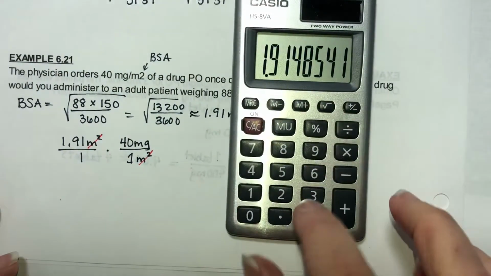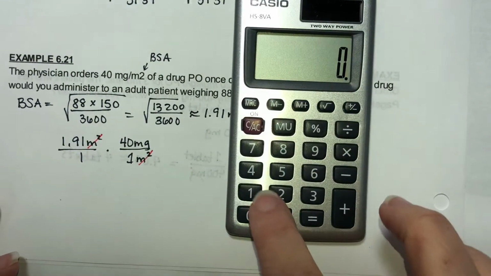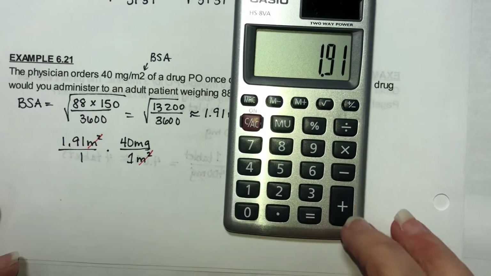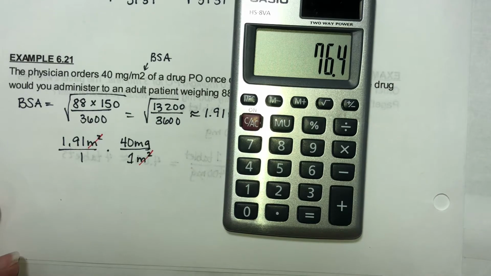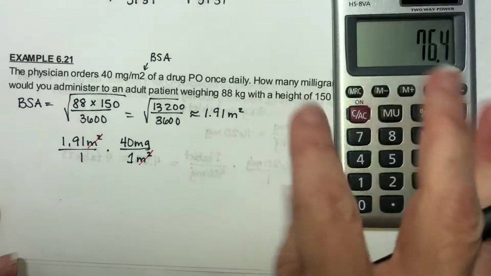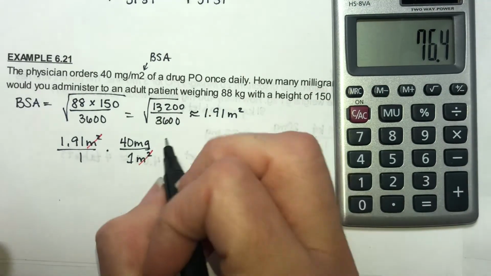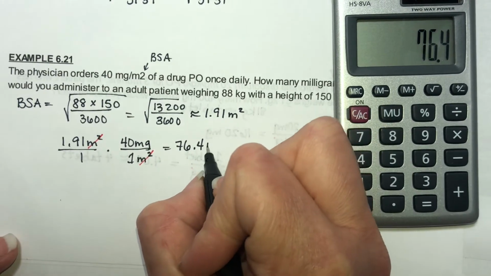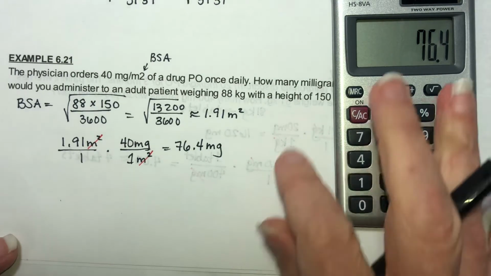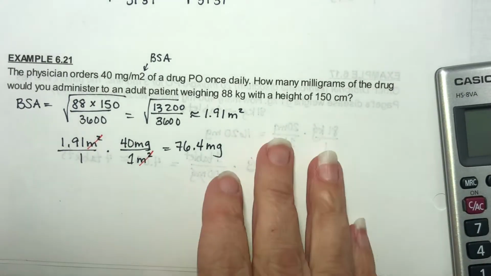So I should multiply. I'm not going to use that big one. I've already made a rounding. So 1.91 times 40 is 76.4. So 76.4 milligrams is the answer you want there.